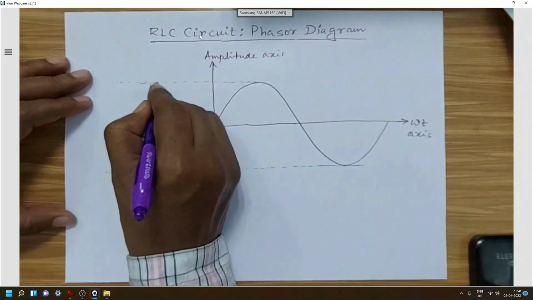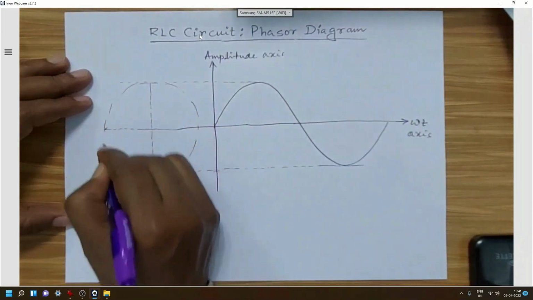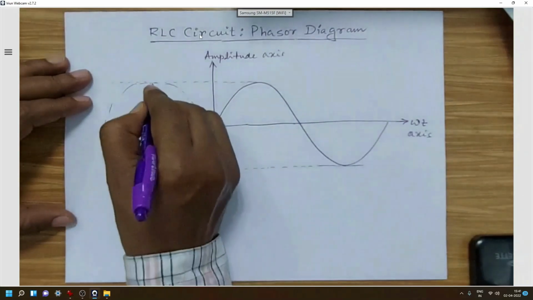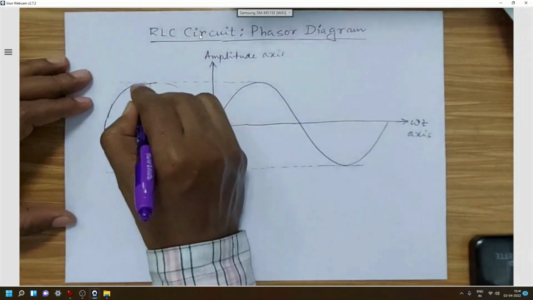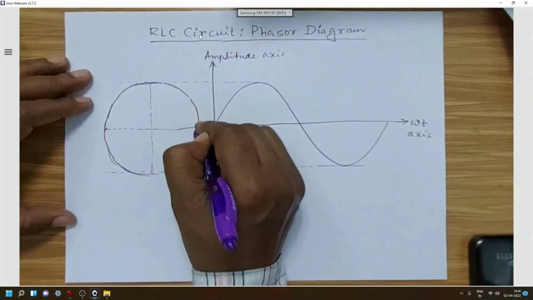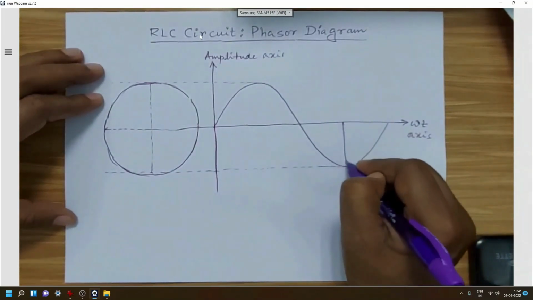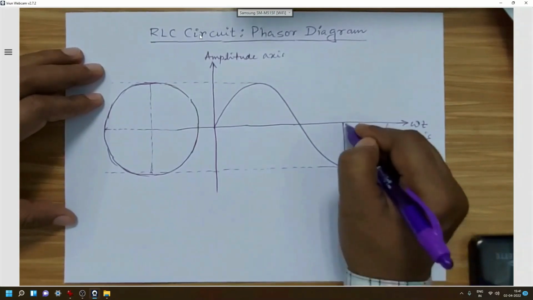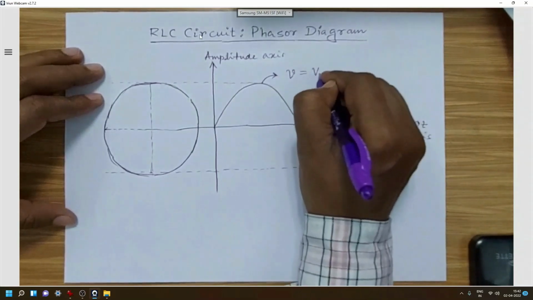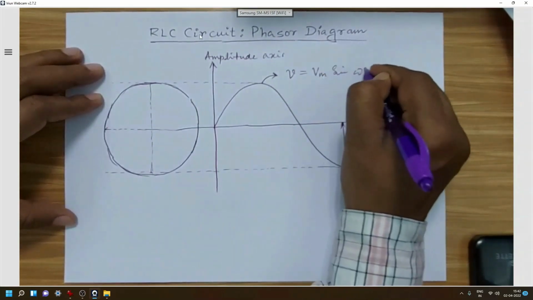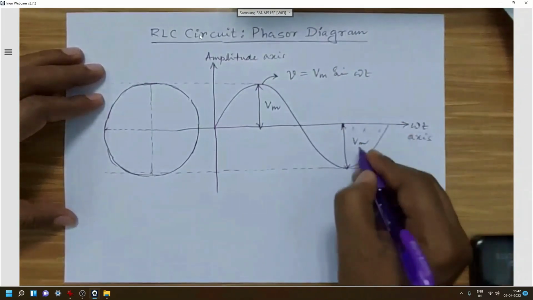Now we will make one circle with the diameter of the peak to peak quantity of the sinusoidal wave. So this is Vm, if it is a signal V equal to Vm sine omega t, then it will be plus Vm and minus Vm.